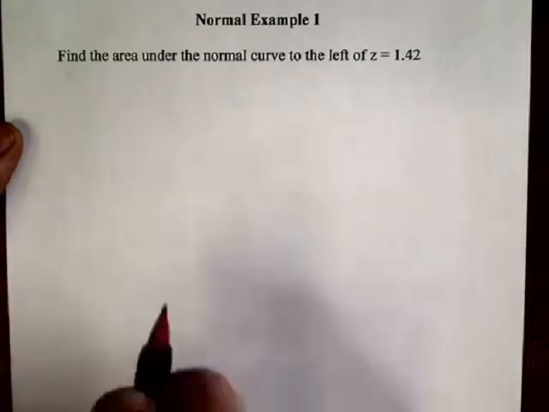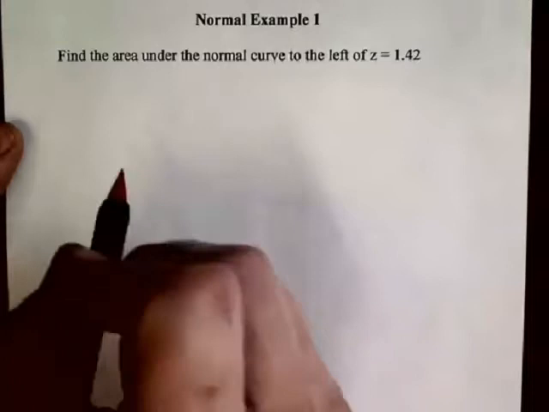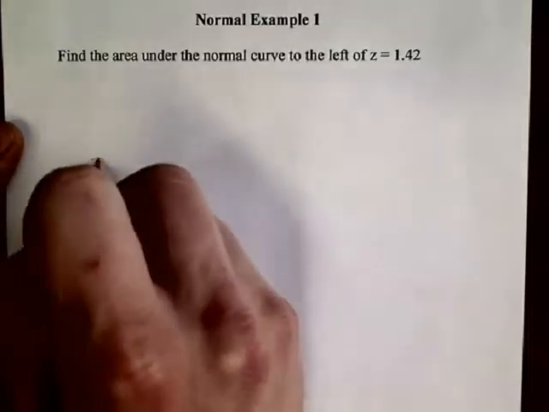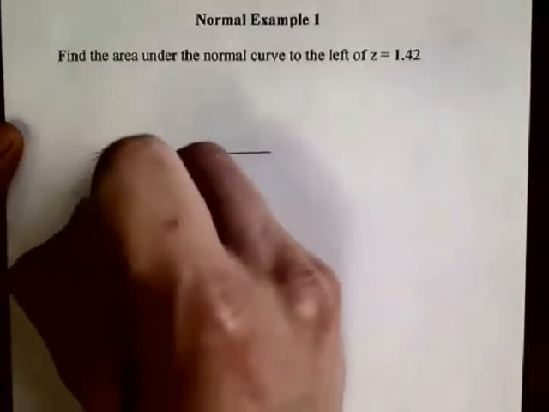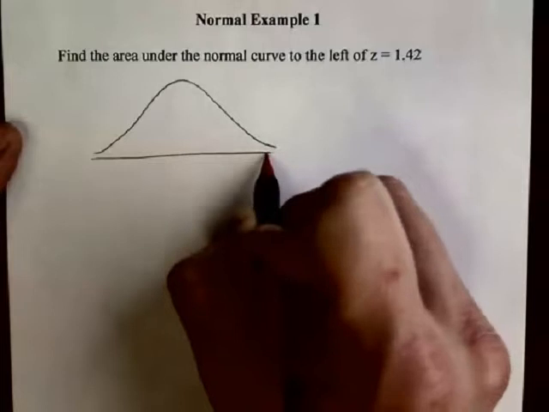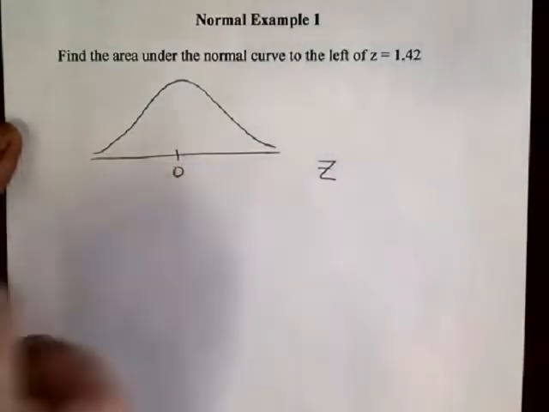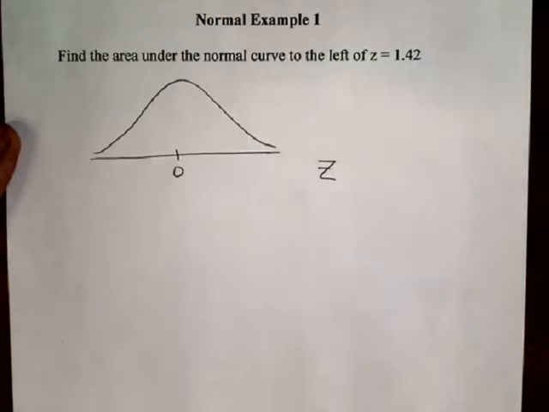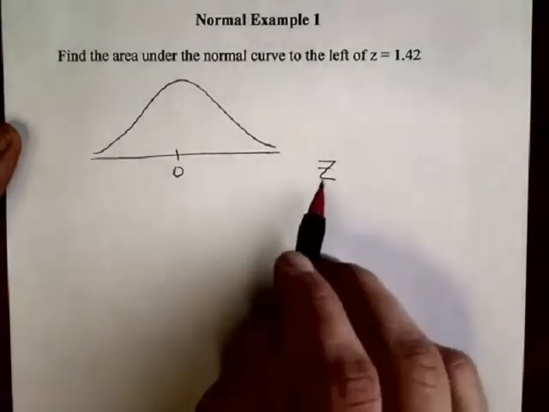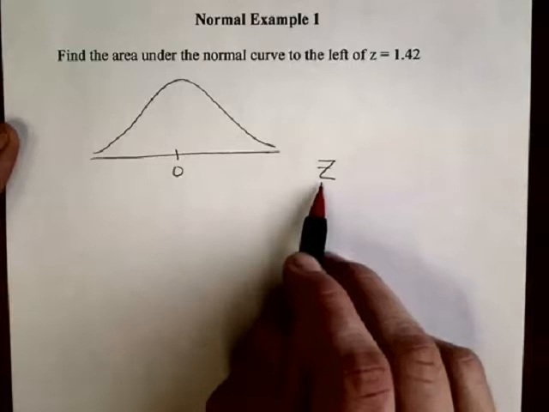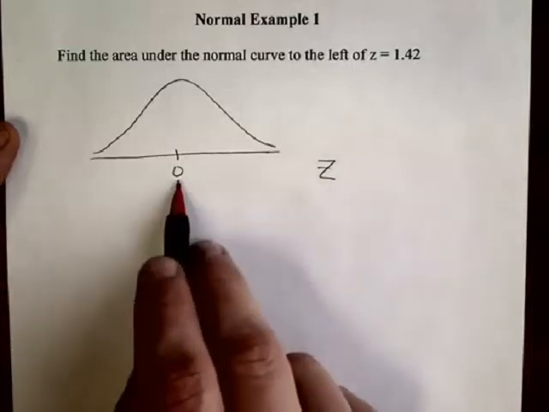What I'm after is the area under the normal curve to the left of z equal to 1.42. So if you recall, the normal curve is this bell-shaped curve. The curve is in fact the PDF, probability density function. I'm sure you read about that. But the standard normal curve is a particular normal curve that has a mean of 0.